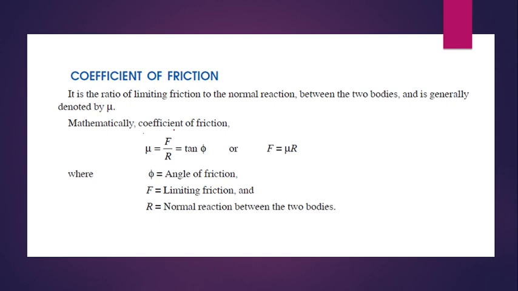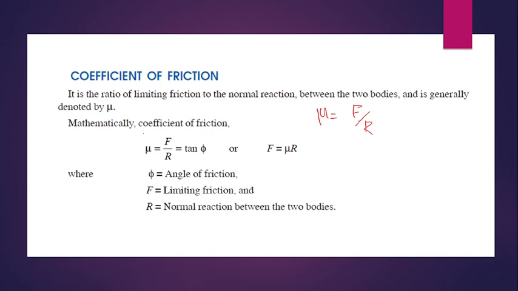Then the coefficient of friction is the ratio of limiting friction to the normal reaction. That coefficient of friction mu is equal to limiting friction F by R, where R is the normal reaction.